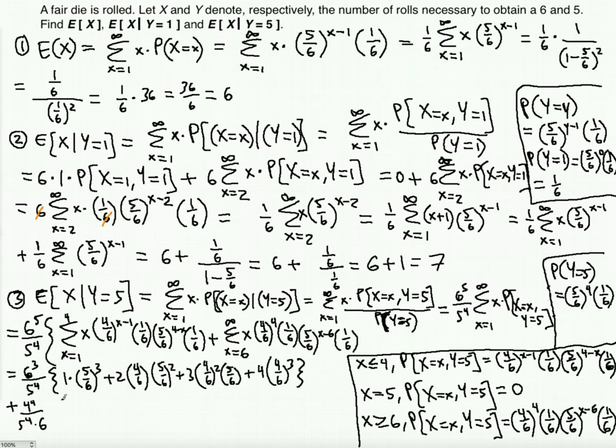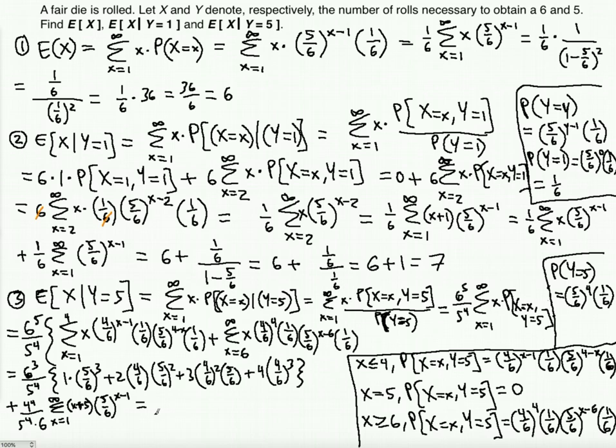I'm going to start from 1 to infinity, right? But remember, if you subtract 5, you have to add 5. So you will get this: x plus 5, 5/6 to x minus 1. So I simplified, and again, I added 5 to get x minus 1, because we subtracted 5 from here.